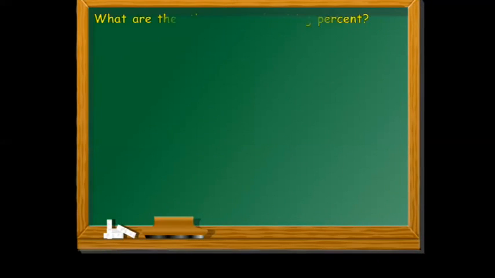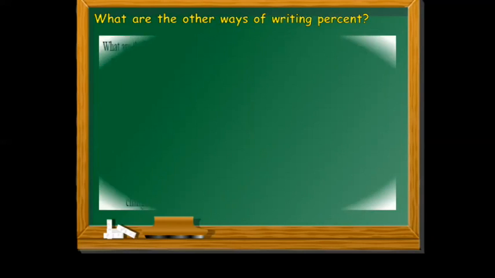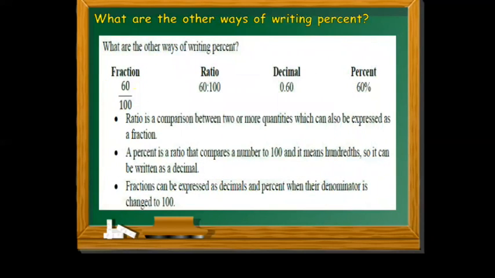Okay. So, there are other ways, class, on how to write a percent. For example, meron tayong fraction natin is 60 over 100. Ang ratio natin, 60 is to 100. Decimal natin, 0.60. And then percent natin is 60%. So always remember that the ratio is a comparison between two or more quantities, which can also be expressed as a fraction.